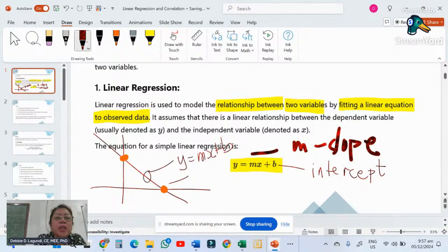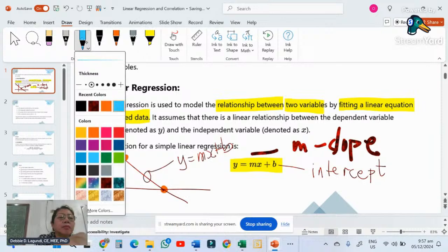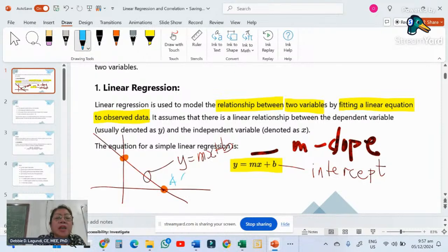So for point A, I will label this as point A, your x is there, but there's no y because the line exactly traverses your x-axis. And at point B, you will have no x, but you only have y, isn't it? Because it's exactly on the y-axis. So this is the x-intercept, and that is the y-intercept.